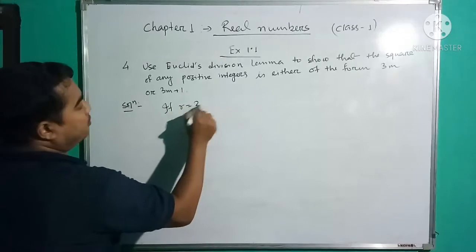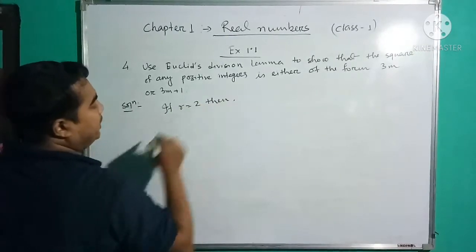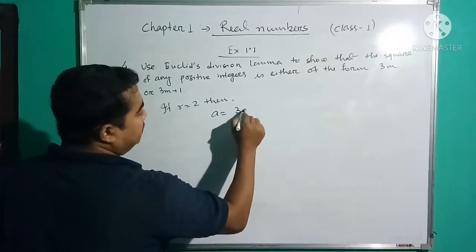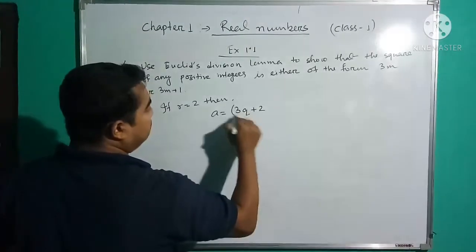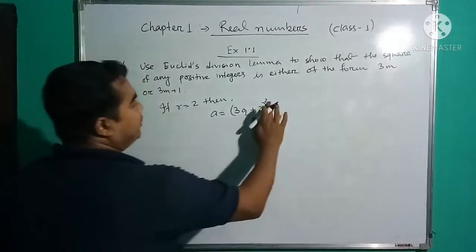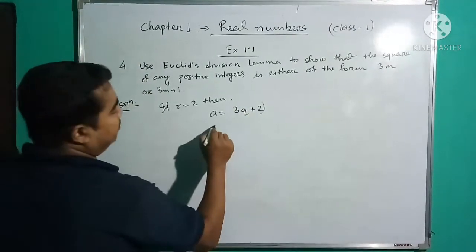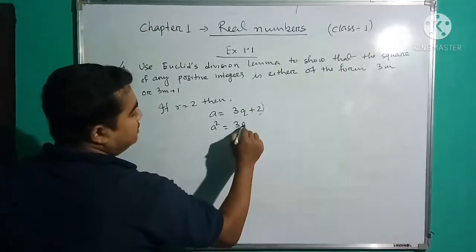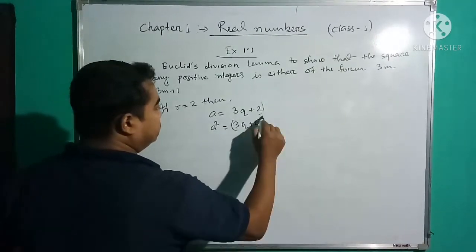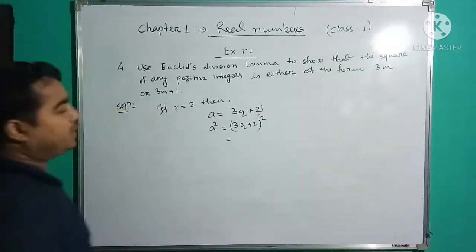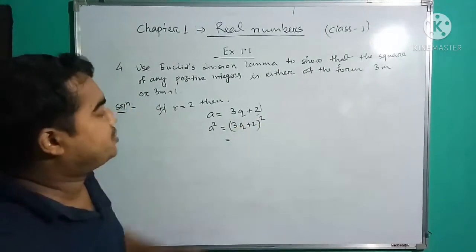If r equals 2, then a equals 3q plus 2. Then square both sides, so (3q plus 2) whole square. Now open the bracket according to the a plus b whole square formula.